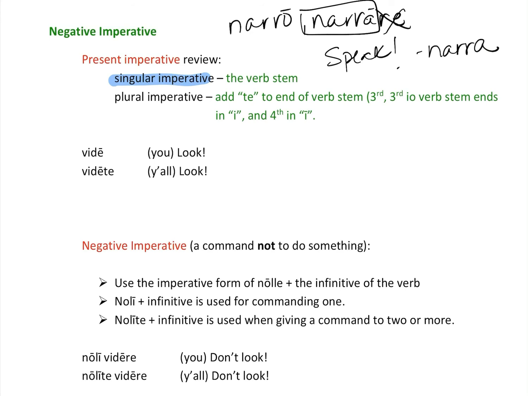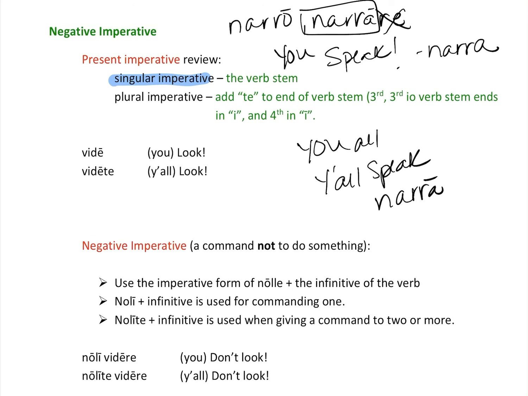Okay? So basically this is you singular, right? If I wanted to say you all, or as we say in my class, y'all speak, then it would be the stem plus te. Same here.